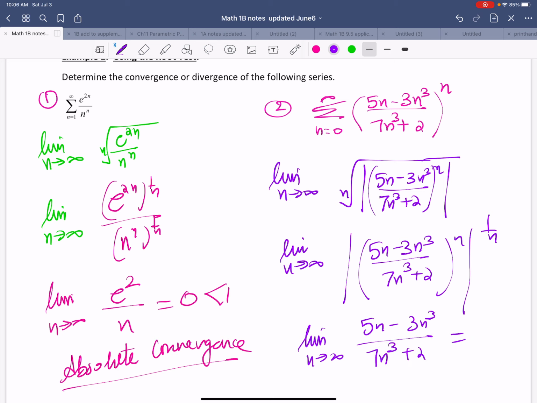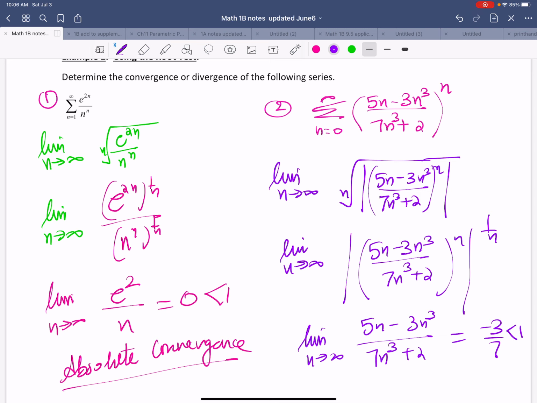This is like a horizontal asymptote for a function. The limit at infinity is like asking what y value we approach when x gets really large. Because the numerator and denominator have the same degree, it's going to be the leading coefficient of the numerator divided by the leading coefficient of the denominator. The leading coefficient would be negative 3 for the numerator, because we would write it in standard form with the higher exponent first and then the lower.